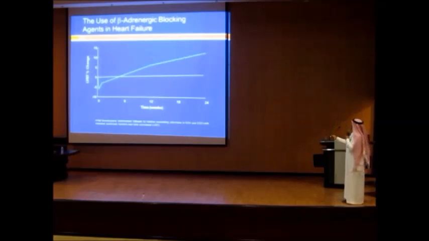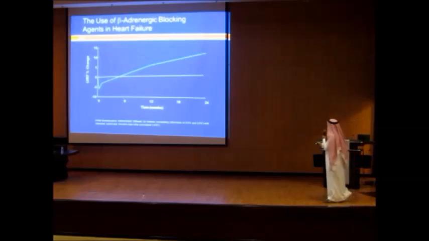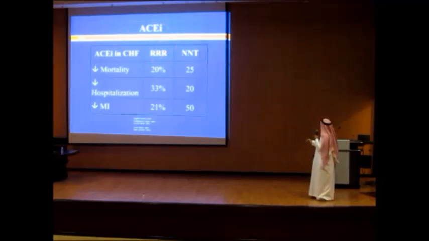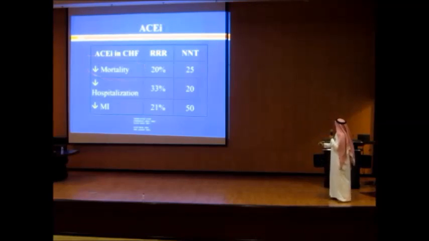Beta blockers are a very strong and very good medication for these patients. ACE inhibitors reduce mortality by 20%, reduce hospitalization by 33%, and reduce MI by 21%. These are the studies: CONSENSUS, SOLVD, SAVE, and AIRE.